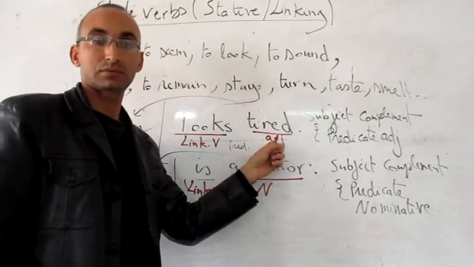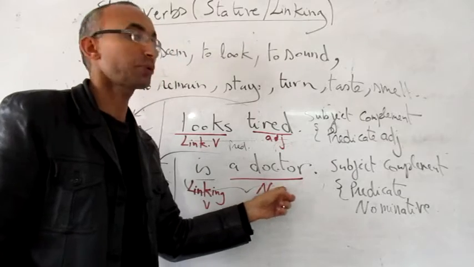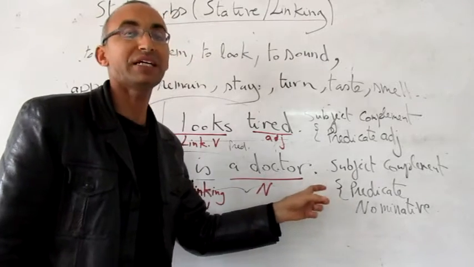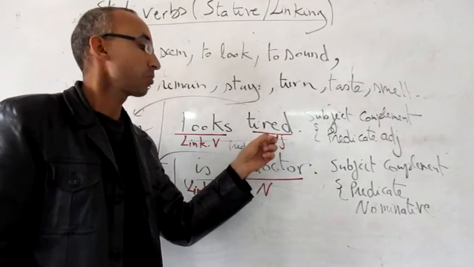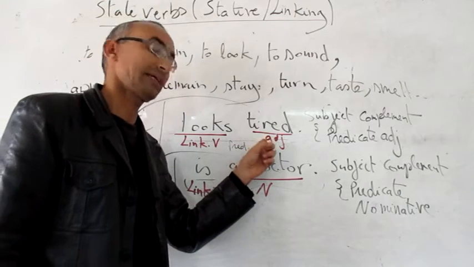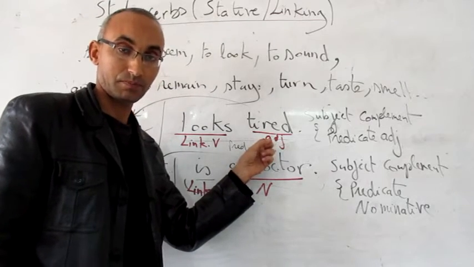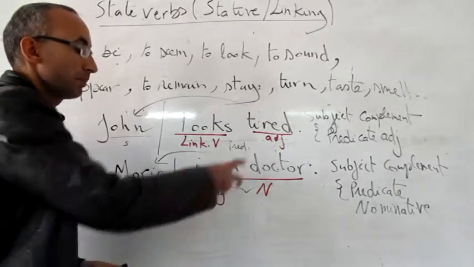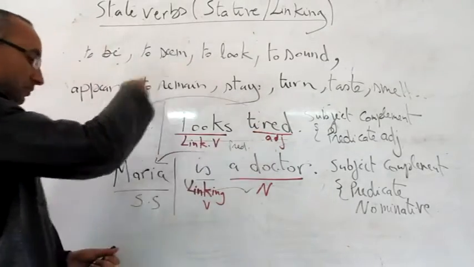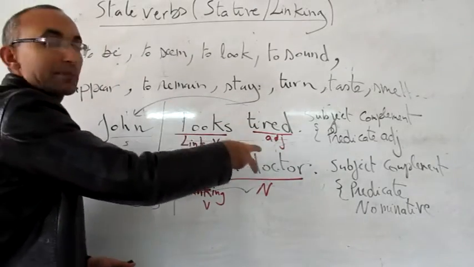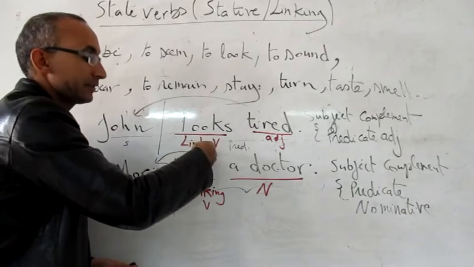If it's a noun, like here, it's called predicate nominative. If it's an adjective, it's called predicate adjective. Clear? Because both of them are related to the subject, and both of them come after the linking verb.